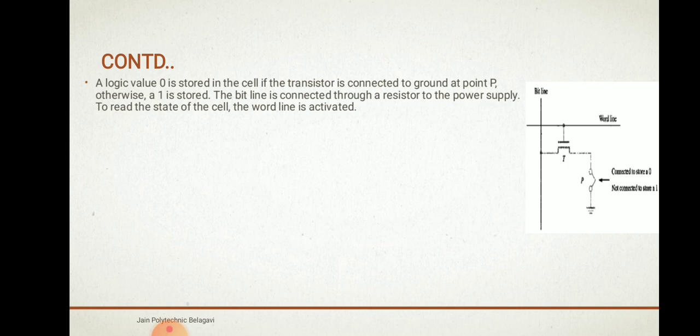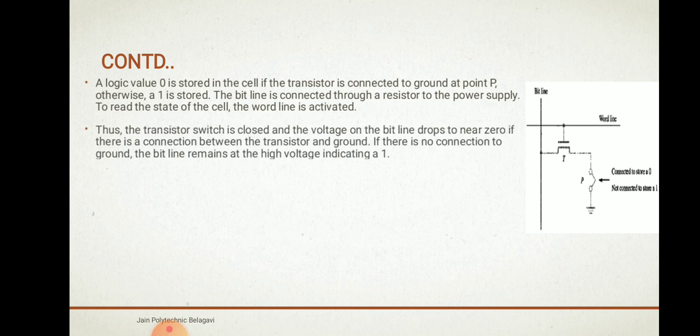Now when you see the bit line, it is connected through a resistor to the power supply. To read the state of a cell, the word line will be activated. So the word line will be responsible for getting the state of the cell, whether it is 0 or 1. Thus the transistor switch is closed and the voltage on the bit line drops to near 0.